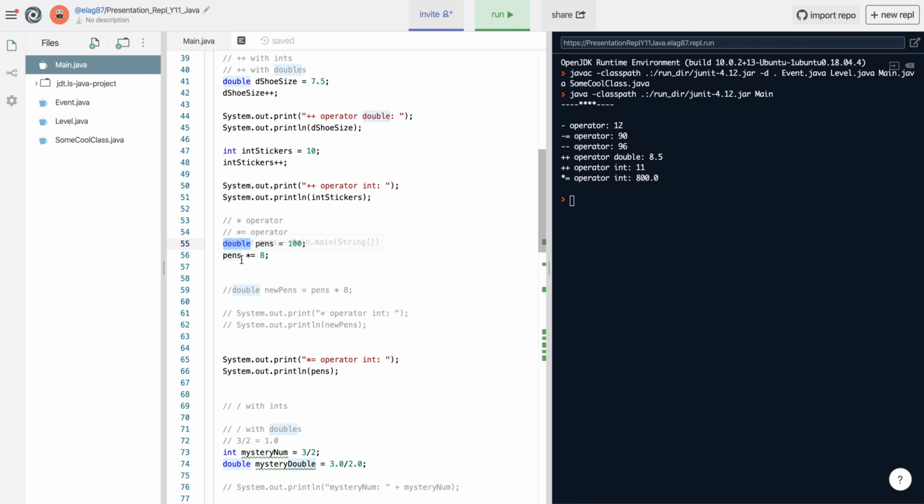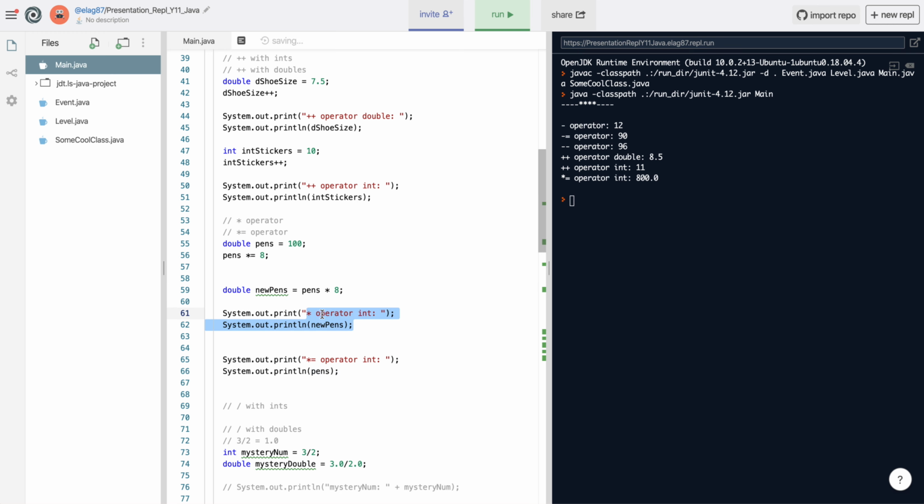Now you could do the same with just a multiplier operator. If you created a new pens variable, you multiply the original value times 8, and then you made that whole thing equal to some value and put that inside a new variable.